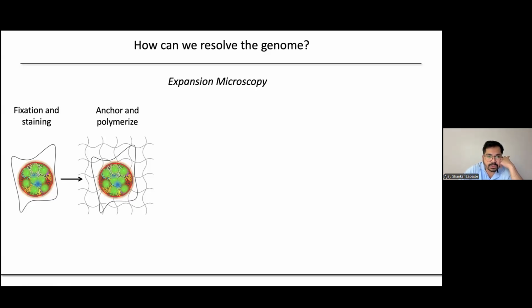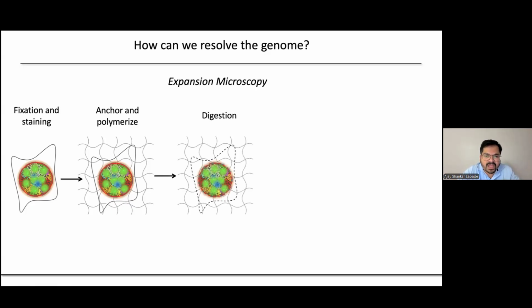In our case, we use MA-NHS, methacrylic acid NHS ester. So this adds the acrylate moiety to almost all lysine groups of proteins. And after the gel polymerization is done, all the proteins become part of the gel. So they are all polymerized along with the gel. So they are nothing but a gel polymer.